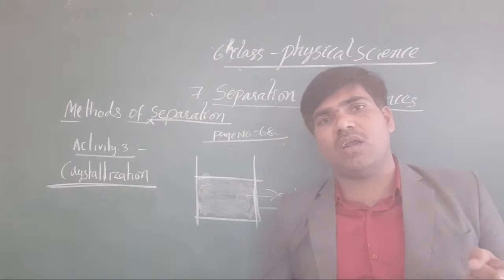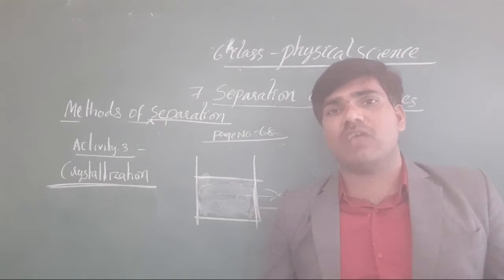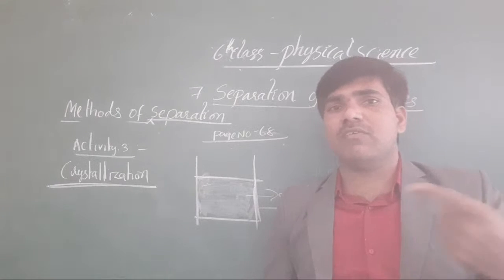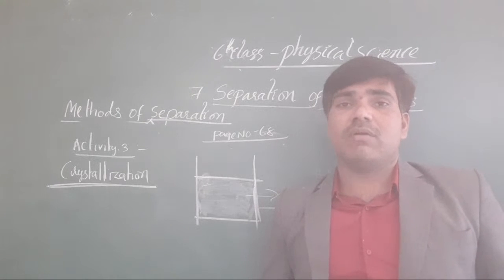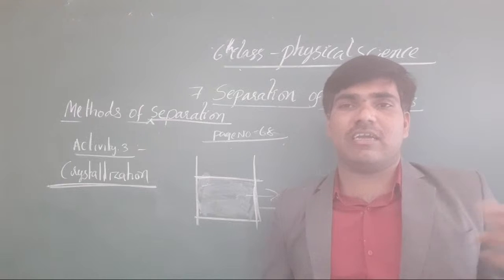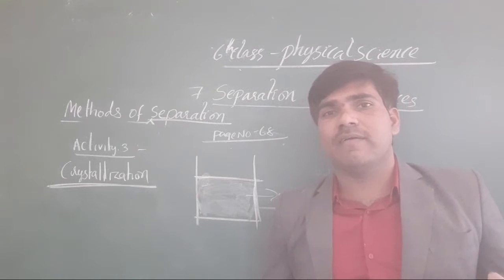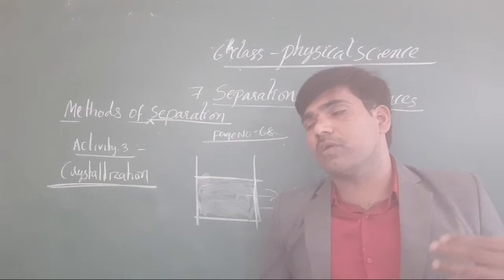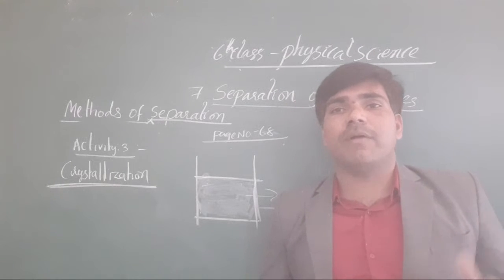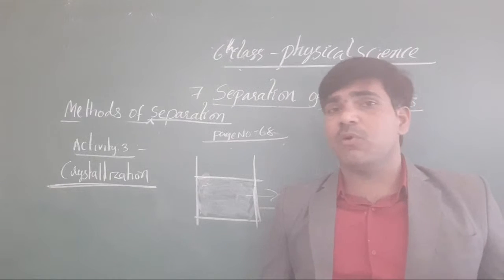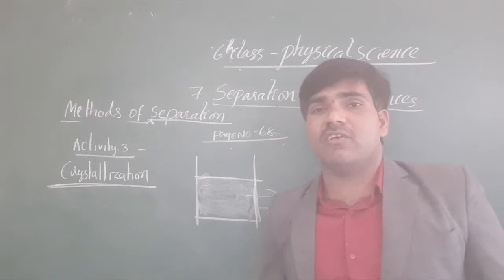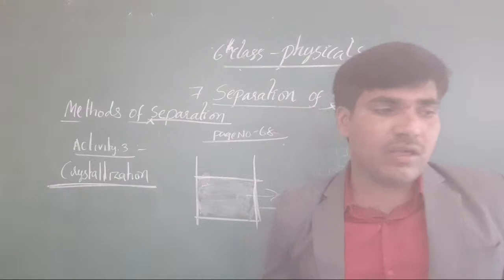Because of the property of dissolving, they mix with the water. But when we require them again, it is not possible to take them easily. Compulsorily, we go with one more process, that is the crystallization process. Clear or not, all of you?